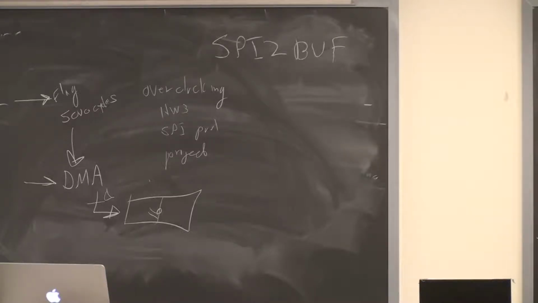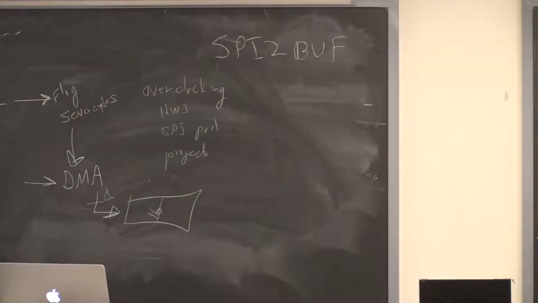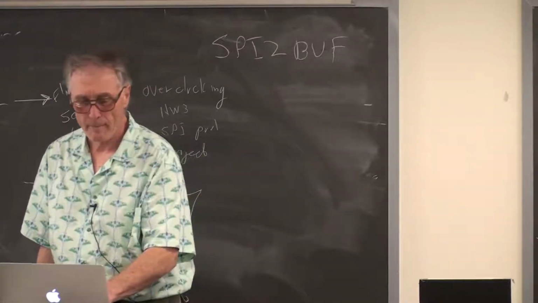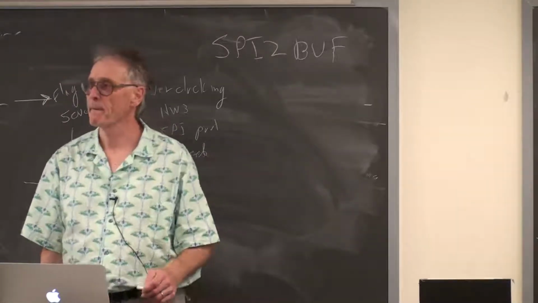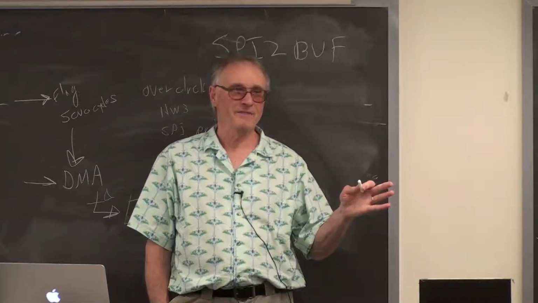If it's in single shot mode or normal mode, it will play the table once and stop. So for you, this will be a programmed function in a thread. So that's the DMA side of things.